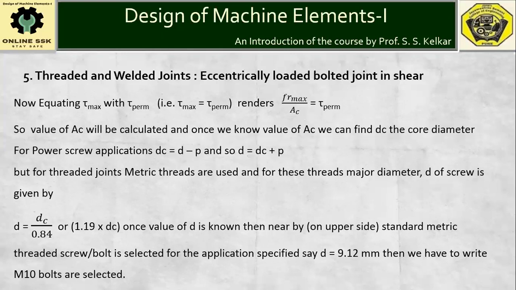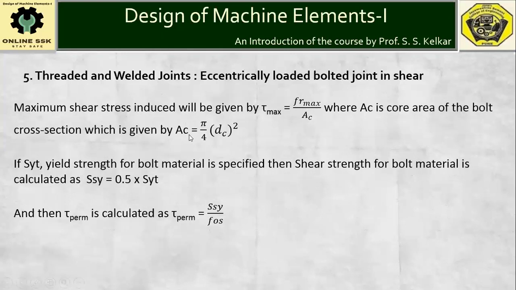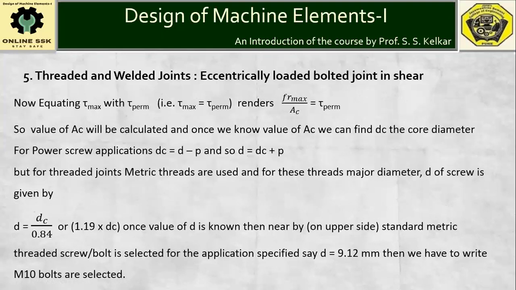AC will be given by pi by 4 dc square. AC is the core cross section area, which depends upon the core diameter, pi by 4 core diameter square. So once we calculate the value of AC, we will be in a position to calculate dc, the core diameter.